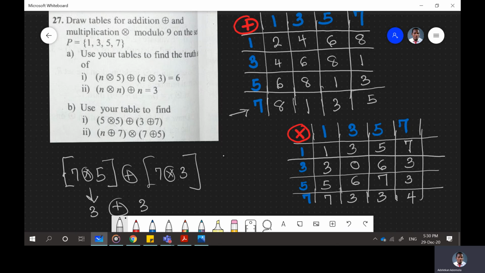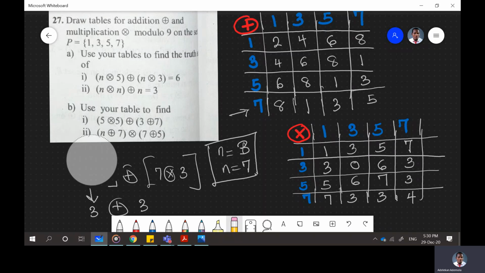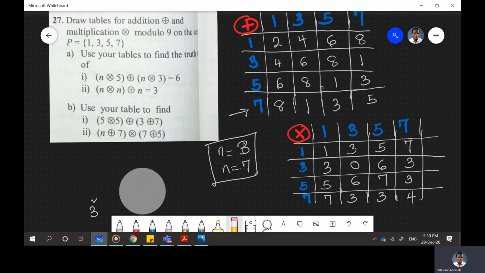So that means, we said n equals 3 is a solution, and now we have also seen that n equals 7 is also a solution. So these are the two solutions to the first part of the question. So how do you write the answer?